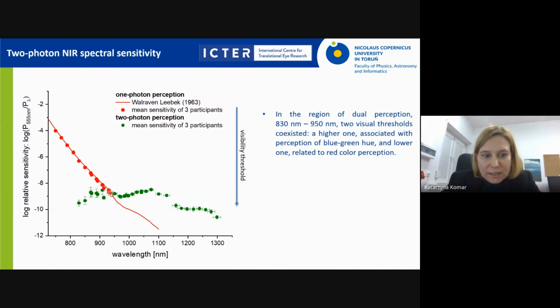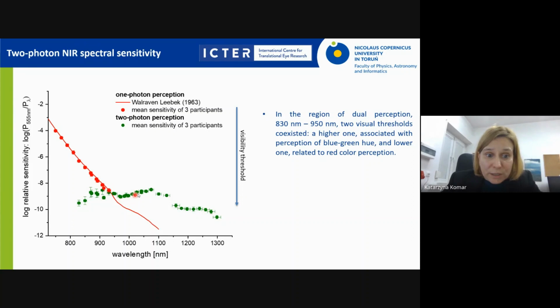And when we increase the wavelength again up to 950, the difference between these 2 thresholds became lower and lower. And then we just couldn't measure 2 thresholds because the beam was perceived only as blue, without any red addition. And then the perception was blue, green, yellow, and up to red.